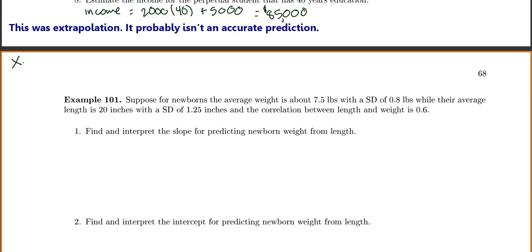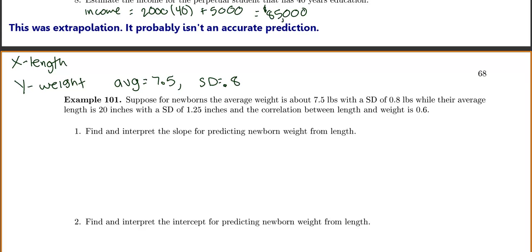So if I was to summarize this, x has to be our length because we are trying to predict the weight. They told me weight stuff first: the average weight is 7.5 and the standard deviation is 0.8.